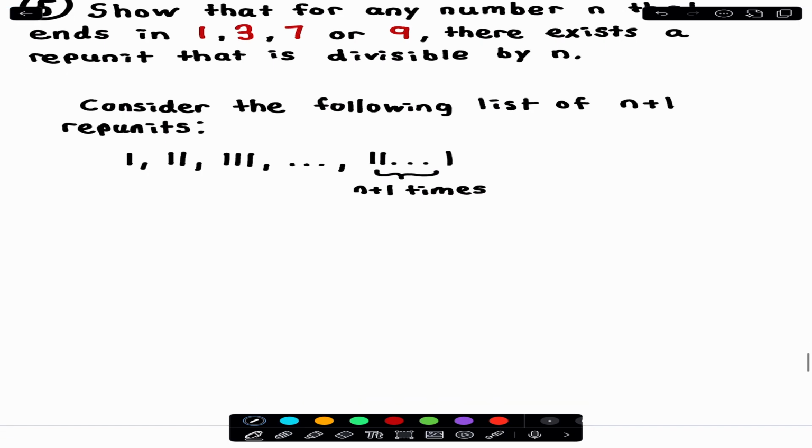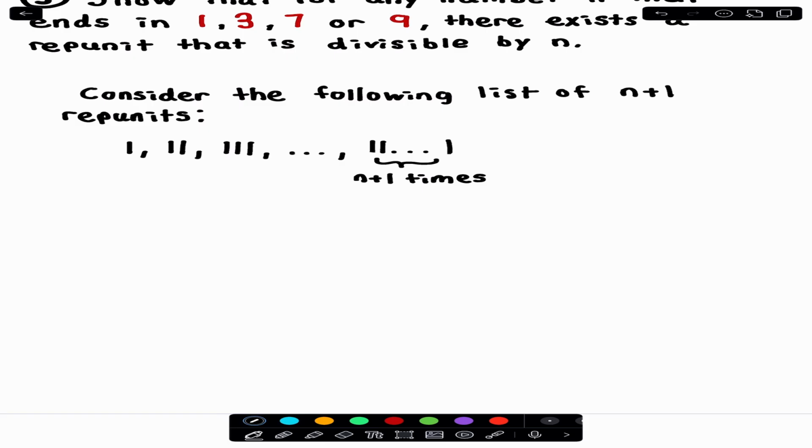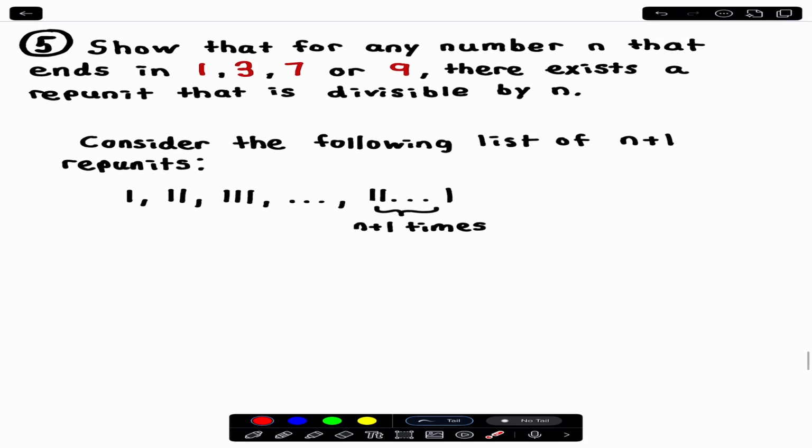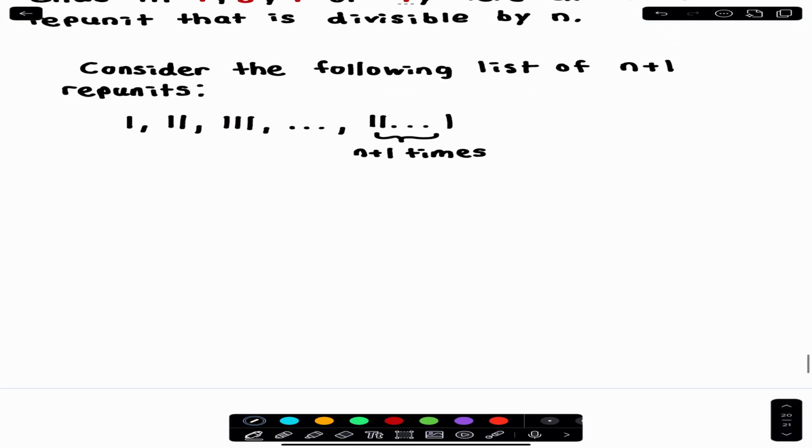And this is where the pigeonhole principle comes into play. So we have n plus 1 rep units, but remember, when you divide by n, there are only n possible remainders. So let's write that out.